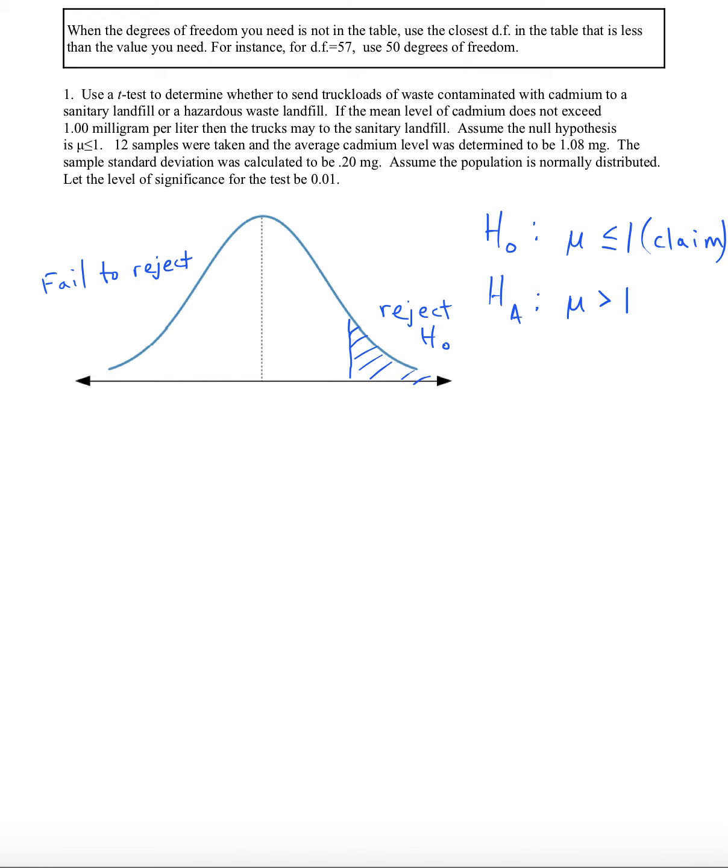Let's look at the alpha level. The alpha level is 0.01. So let's mark that. And let's write down our n, 12 samples. Our degrees of freedom are n minus 1, so our degrees of freedom are 11.